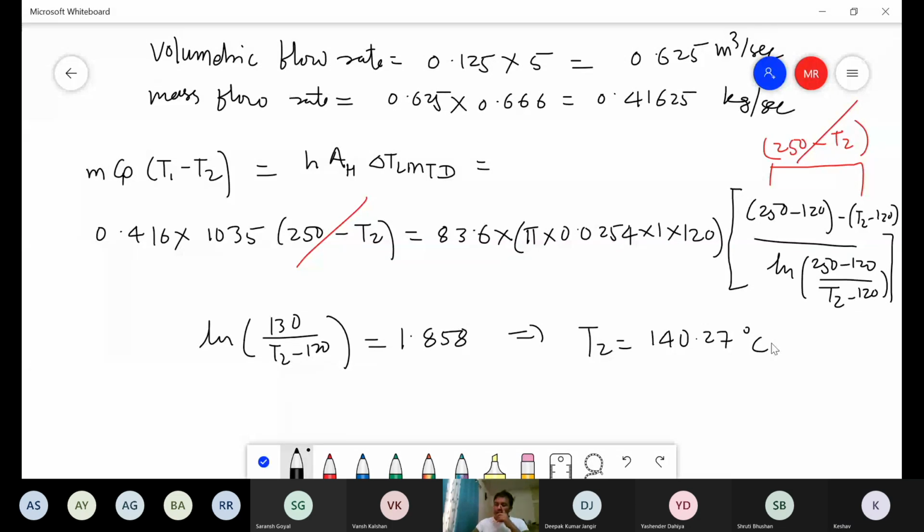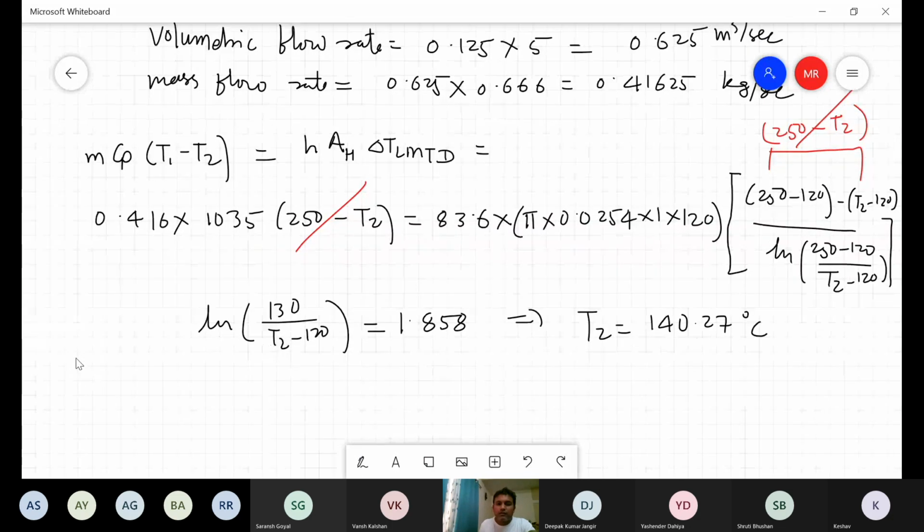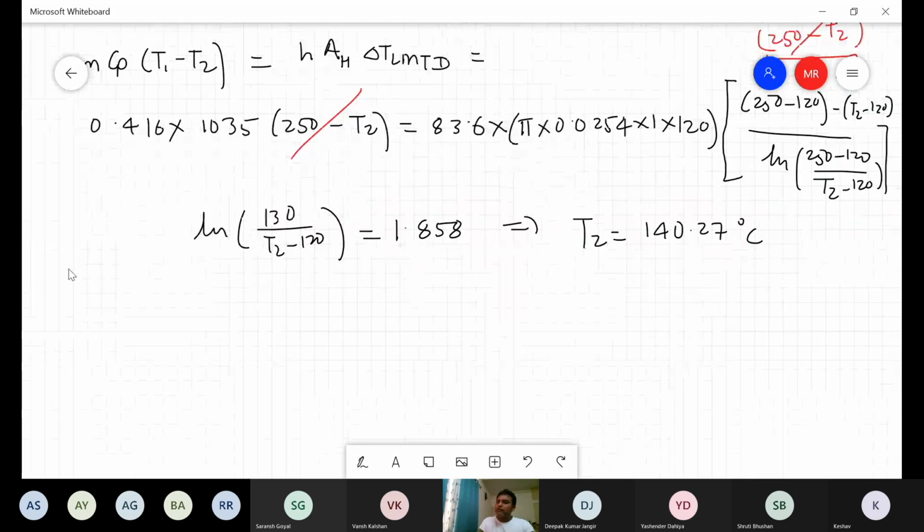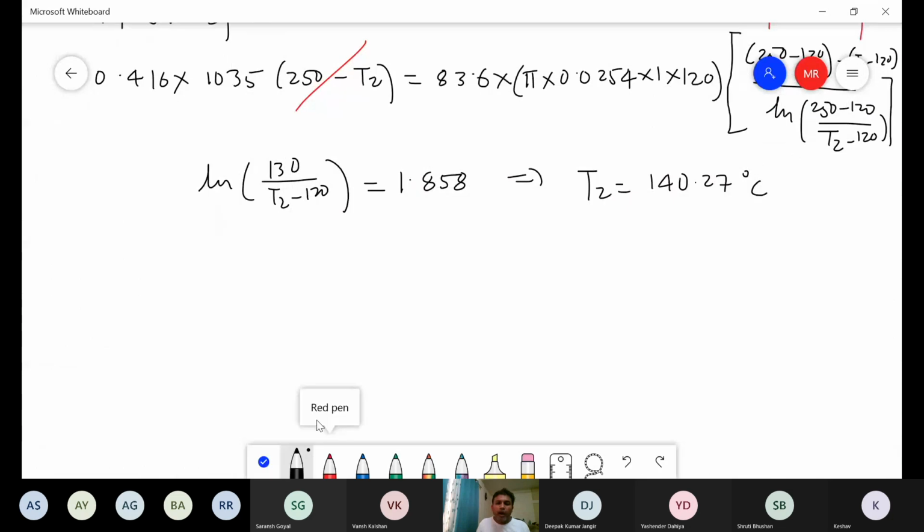So 140.3185 is what we are going to get. Okay, now clearly the outlet temperature is 140.27.